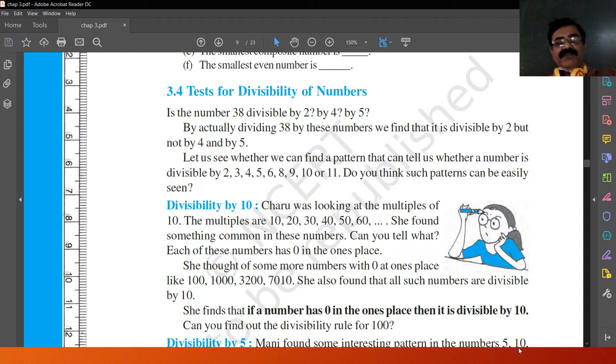For this, if a number has 0 in the ones place, then it is divisible by 10.